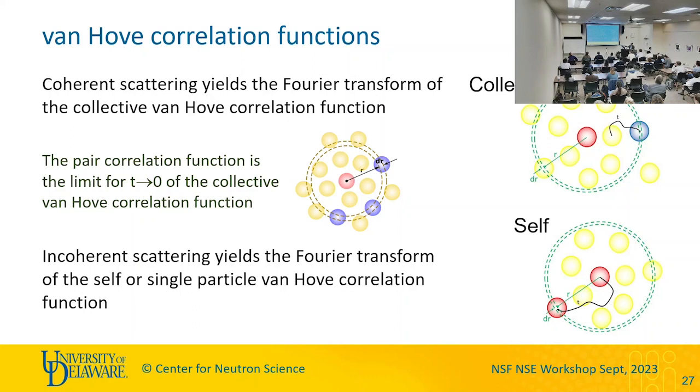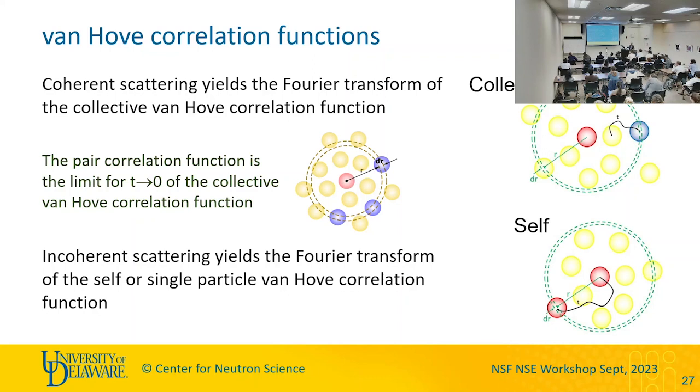In the limit of time 0, you get the particle distribution function. That is what you get with diffraction. With incoherent scattering, you get the self-correlation function. That is the probability to find a particle at time t at position r, given that the same particle was at 0 at time 0.